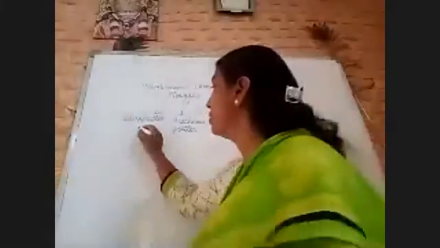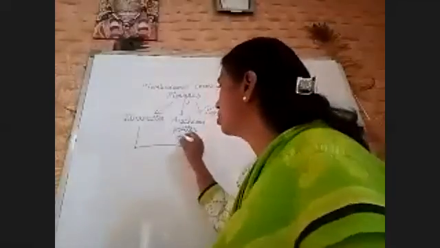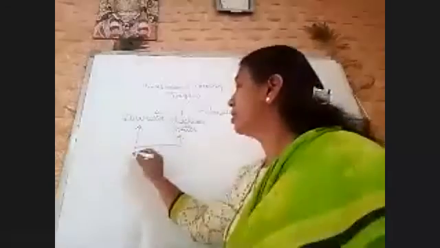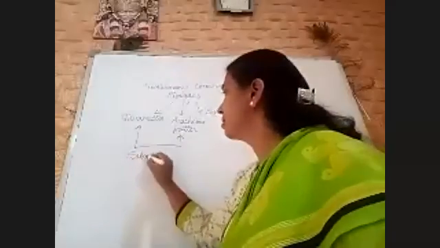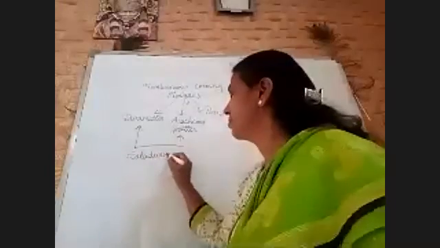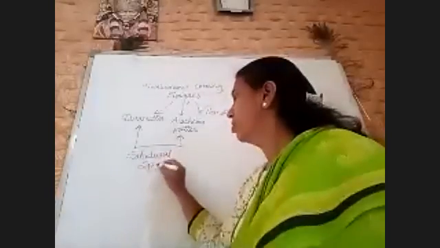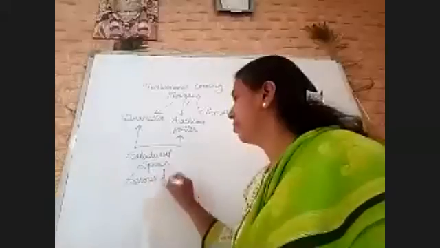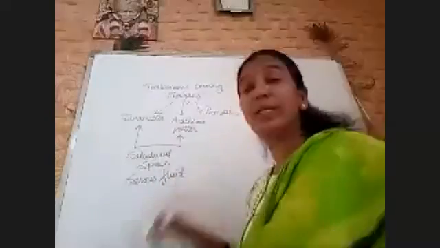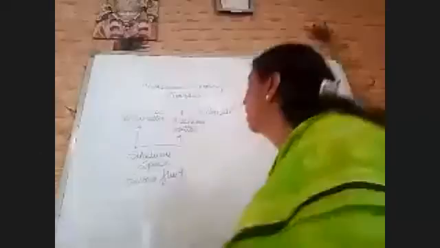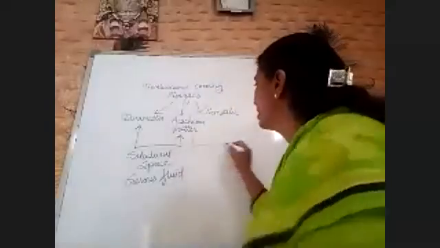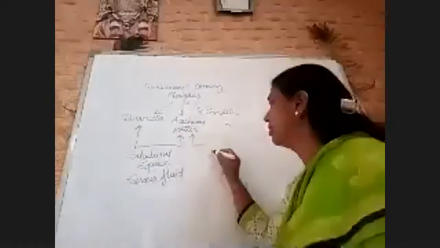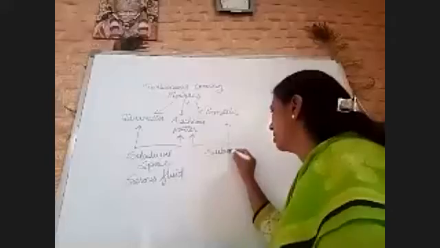There is a space present in between dura mater and arachnoid mater. That space is called the subdural space. This subdural space contains some serous fluid. And the space present between arachnoid mater and pia mater is called the subarachnoid space.